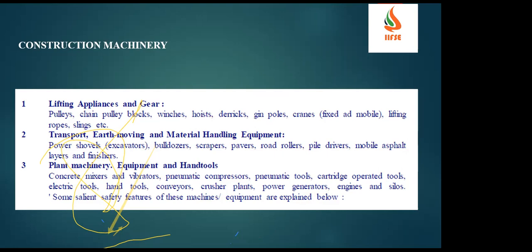And in plant machinery and equipment, there will be concrete mixers, vibrators, pneumatic compressors and other pneumatic tools, cartridge operated tools, electric tools, hand tools, conveyors, crusher plants, power generators, engines, and silos. Some salient safety features of these machines and equipment must be verified. We'll see one by one.